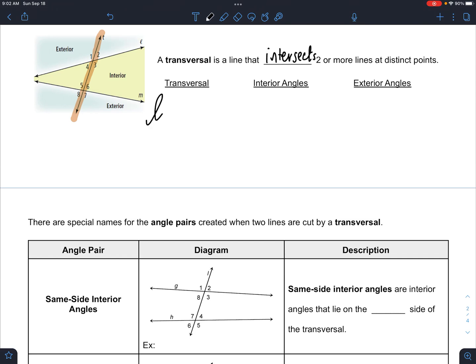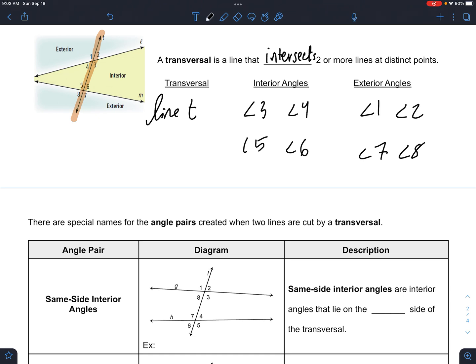So line T is the transversal, because it is hitting 2 or more lines. The interior angles are the ones that are shaded in the interior, which would be 3, 4, 5, and 6. And the exterior angles are 1, 2, 7, and 8.